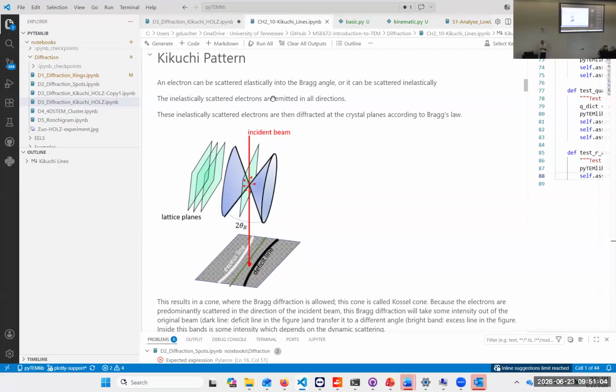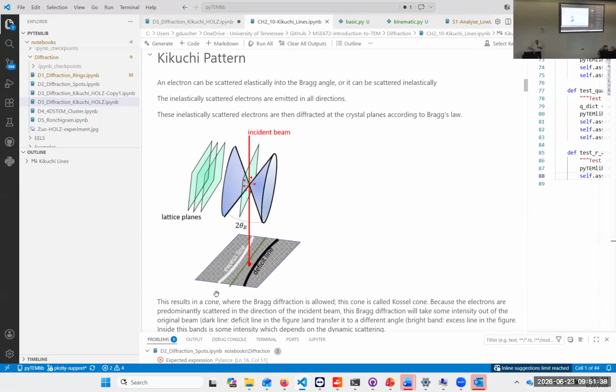So these scattered electrons, they don't scatter according to the Bragg reflection. They scatter just homogeneously in all directions. Now, if these electrons hit a plane, they get scattered according to Bragg. And they are scattered in all directions inside the crystal. So that is these two cones here that make you the Bragg reflection. And so you have a deficient line and an excess line. So the electrons that should go to the gray background get deflected.